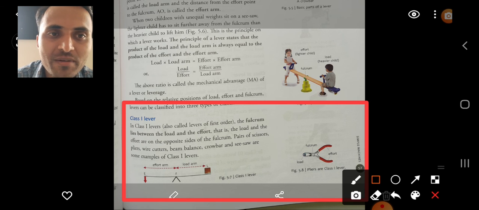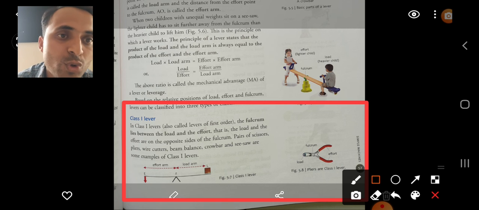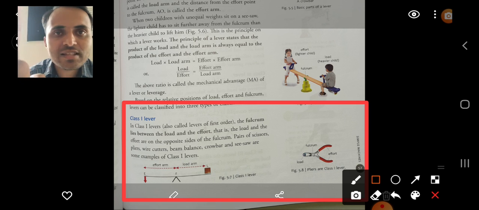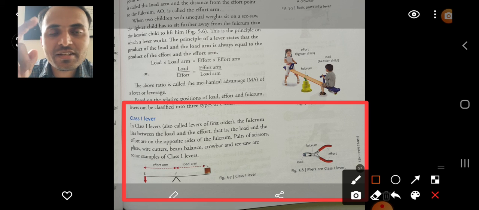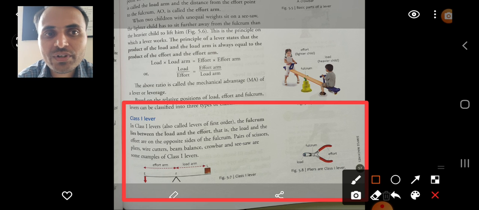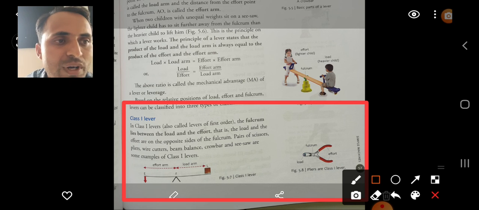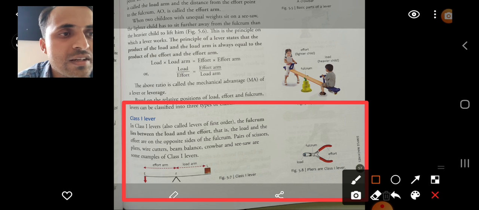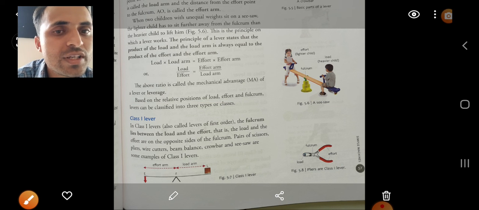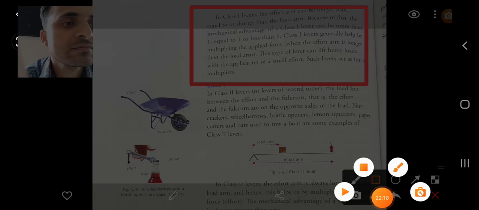Okay, so a pair of scissors, pliers, wire cutters, beam balance, crowbar and seesaw are examples of the class 1 lever, and it depends on the positions of the load, effort and fulcrum point. Okay, now see the next point, everybody.